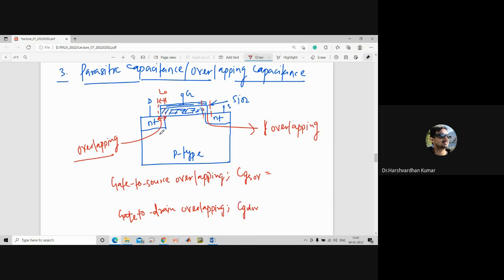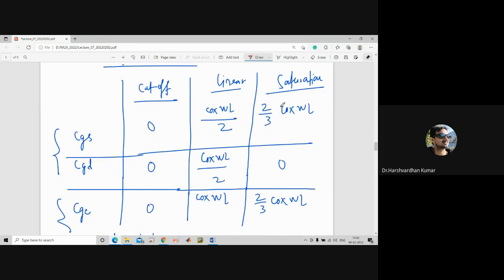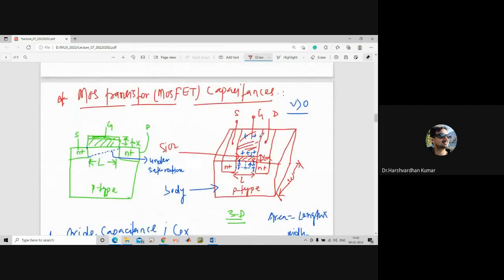If you know the length of this overlapping, what will be the value of the capacitance? Simply it will be COX, because the oxide layer is overlapping, right? We know the capacitance of the oxide layer, that is COX. What will be the area here? It will be simply L0 multiplied by width, because the width will remain the same. If you see the 3D structure, the width is not going to change.